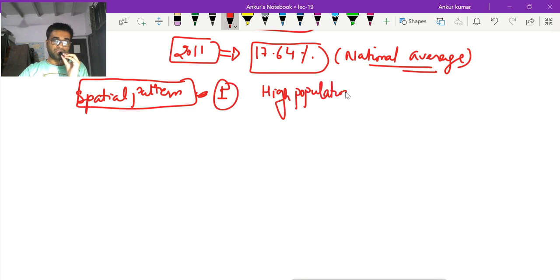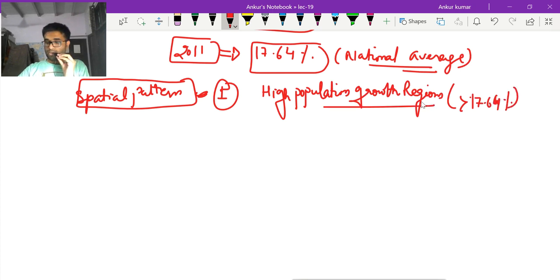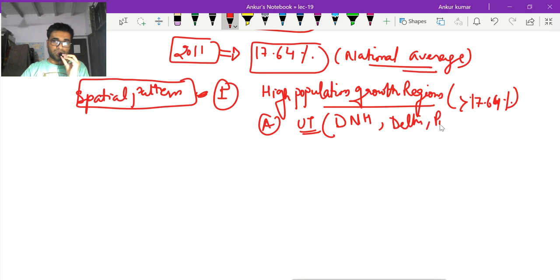If you see the high population growth regions, where the population growth is more than 17.64%. In this, first is the union territories, and in union territories also Dadra and Nagar Haveli, DNH, Delhi, Puducherry.